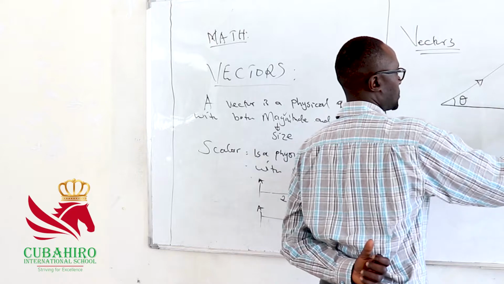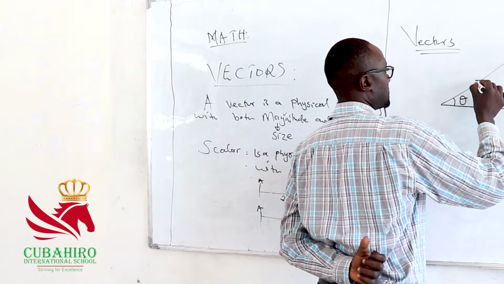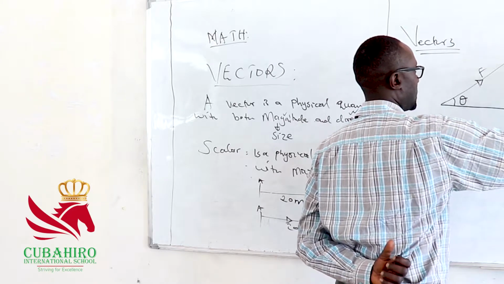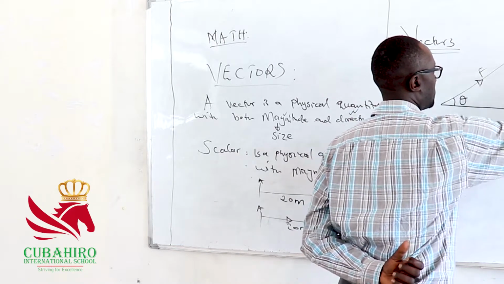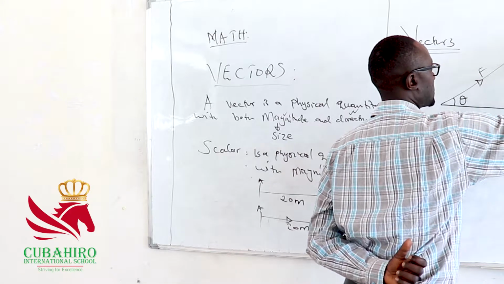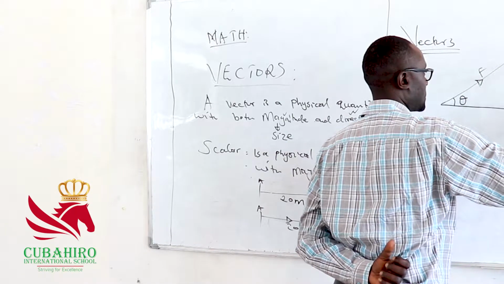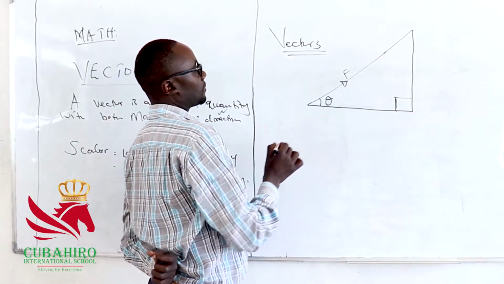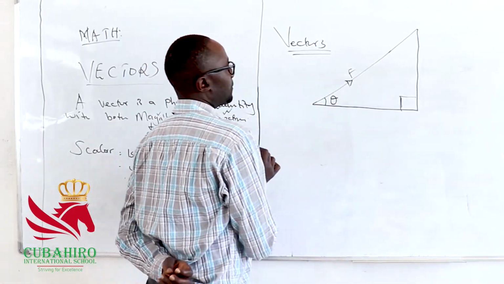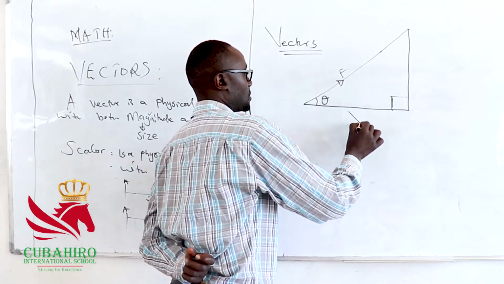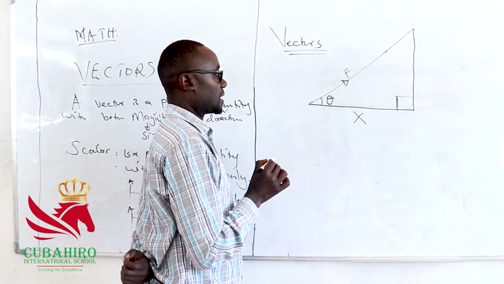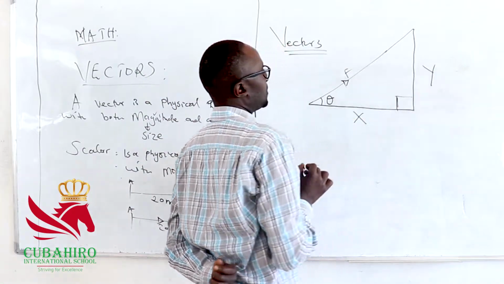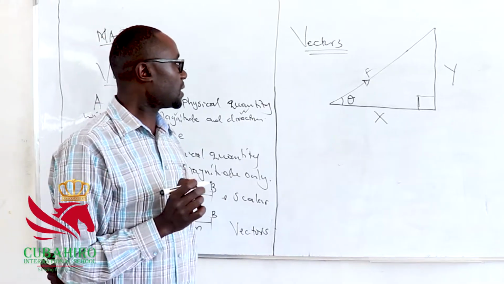This is the horizontal and this is the vector, let me call it a vector F. Then this is the vertical to the vector F. Now, if that is so, then the horizontal is the X in the Cartesian plane and the vertical is the Y in the Cartesian plane. Look at that.